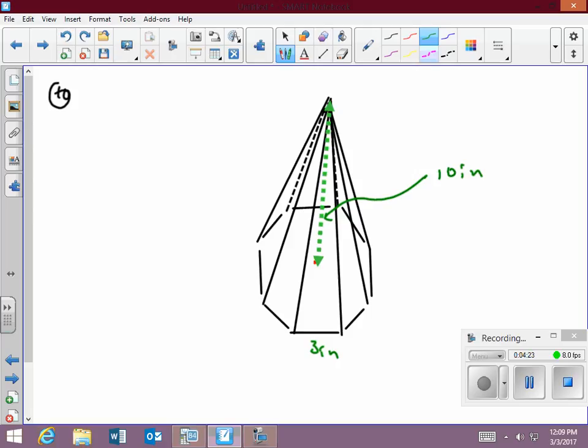Okay, so the surface area is going to be the area of the base plus the area of the sides.